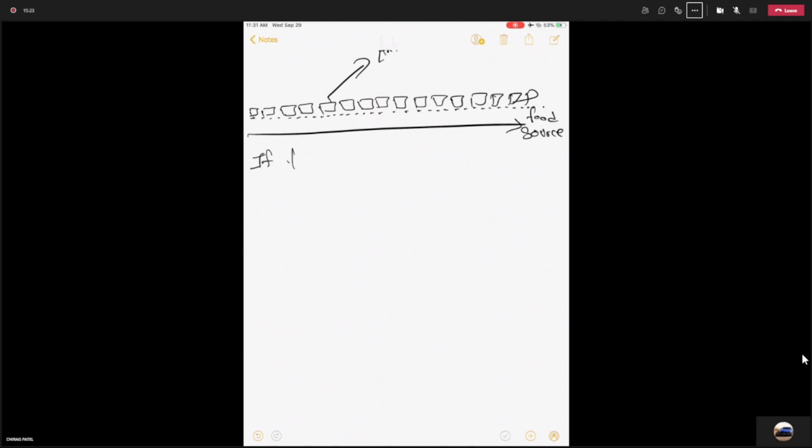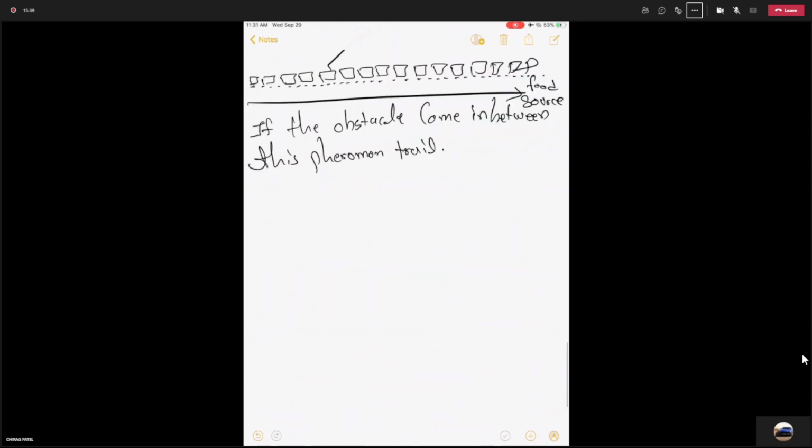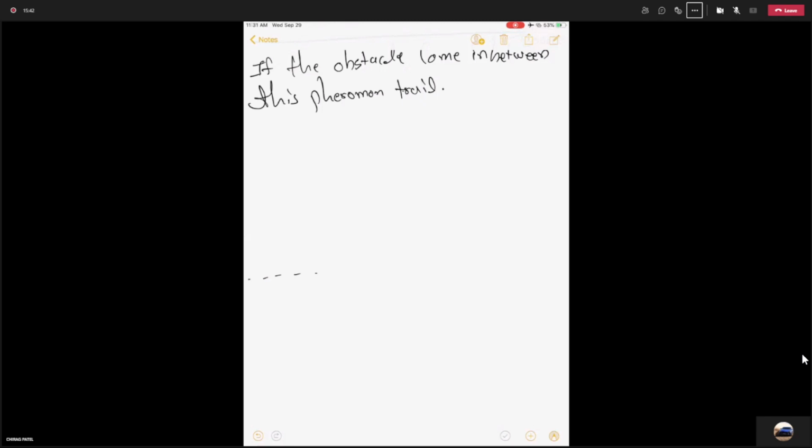Trail. Right? So again, I am redrawing it. This is your trail. And if I put something in between, this is my object, assume that.